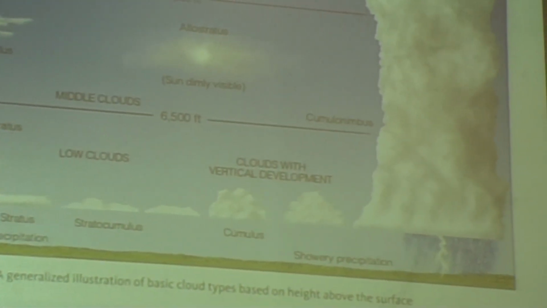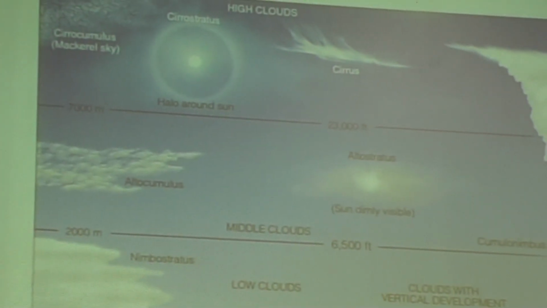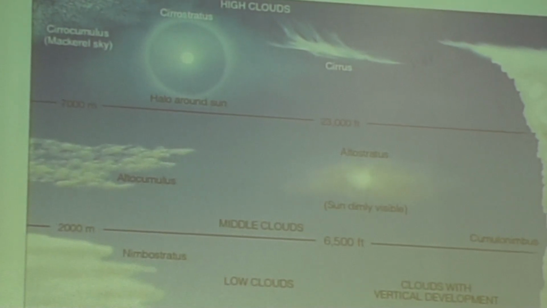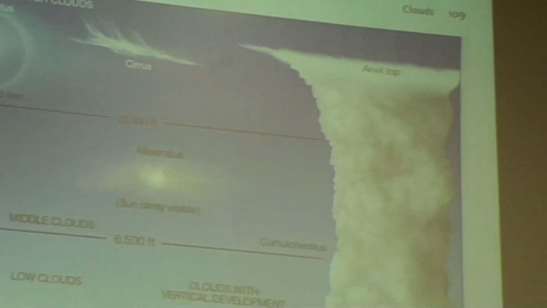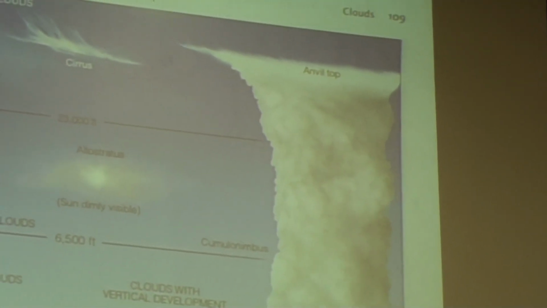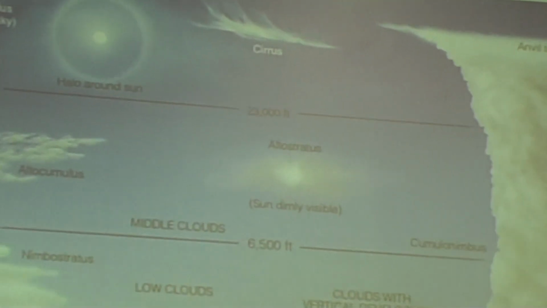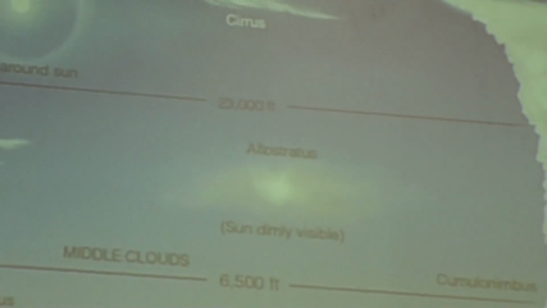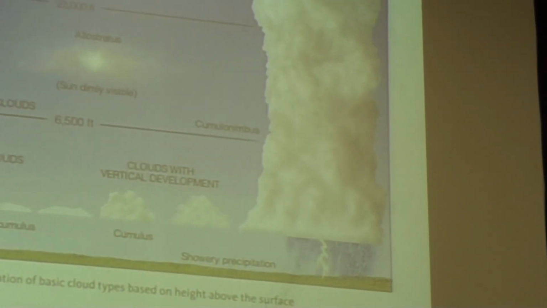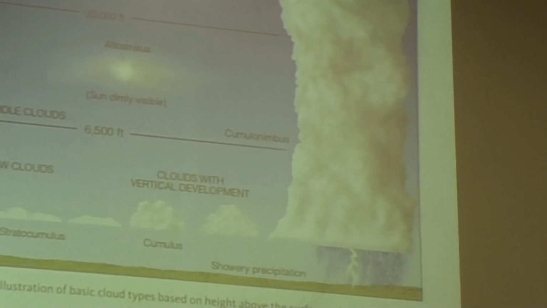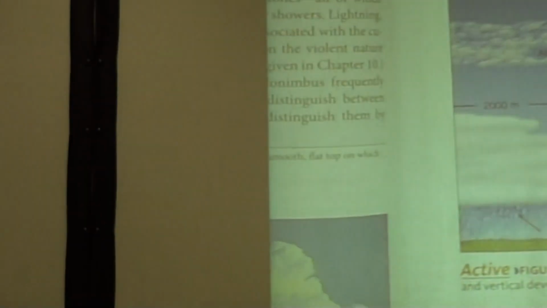However, if we go to a more unstable kind of cloud called a cumulonimbus, this is an unstable cloud that has much more energy, much stronger updrafts, and a lot more water content.